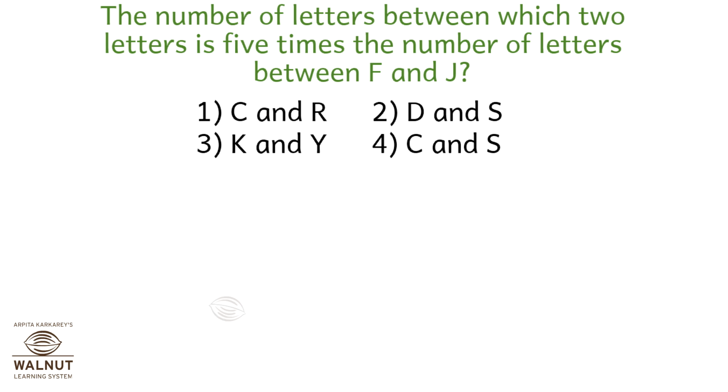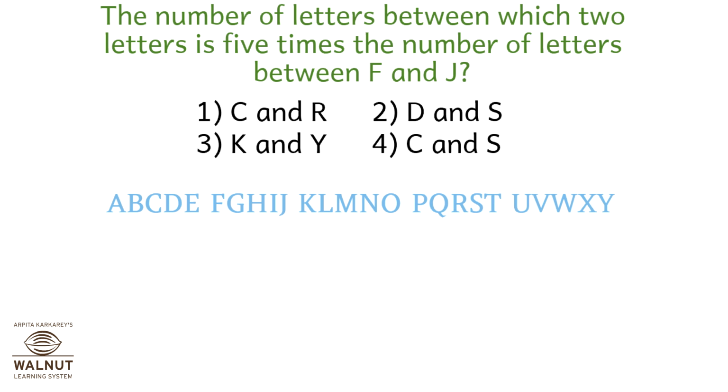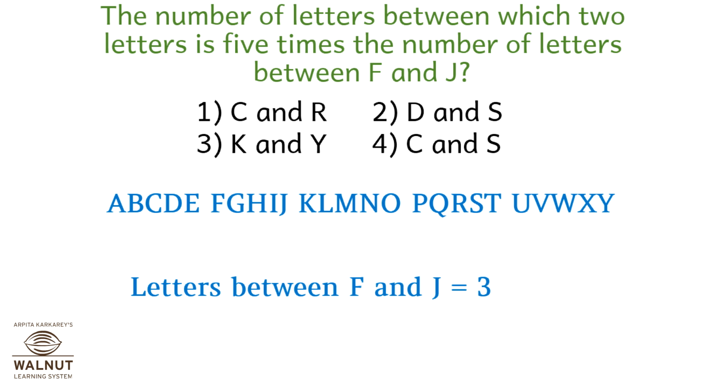Moving on to the next question. The number of letters between which two letters is 5 times the number of letters between F and J? The series is given below. Letters between F and J are 3. 5 times that is 15.